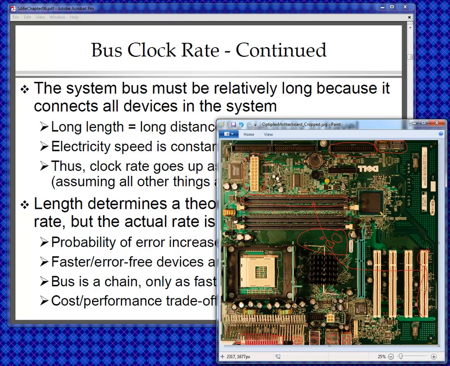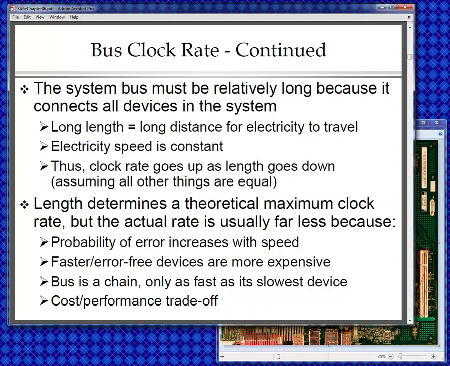Yes, we'd like to miniaturize it as much as possible. Maybe we can get it down to a few inches, but we're still on the scale of inches, not on the scale of micrometers or nanometers or the kind of scale that occurs within the CPU. So that long length is a long distance for the electricity to travel.